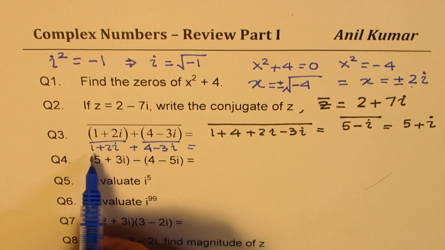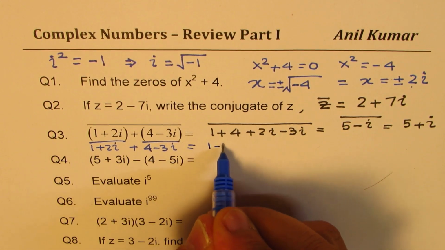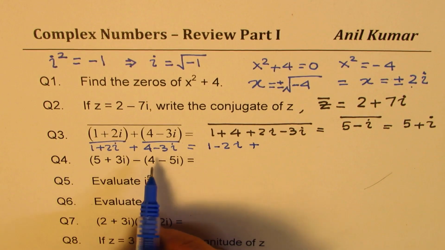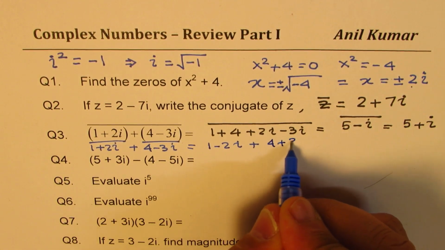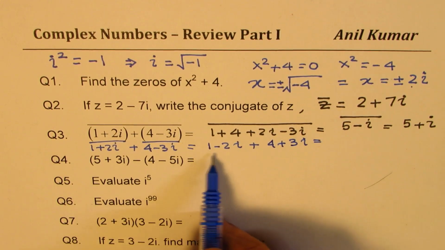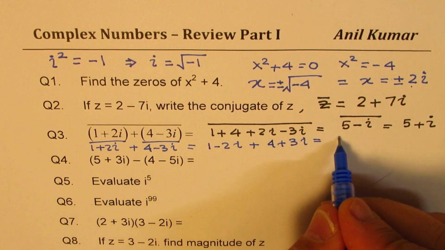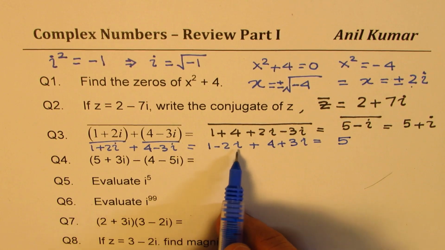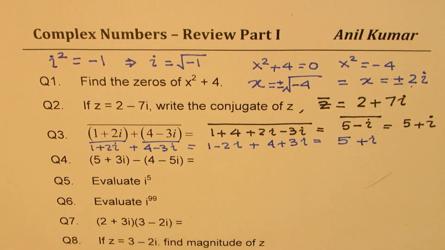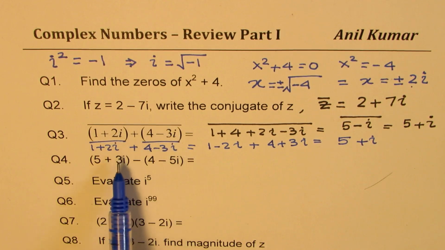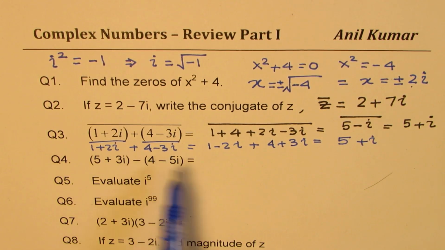So in this case, the conjugate of 1 plus 2i will be 1 minus 2i, and the conjugate of 4 minus 3i will be 4 plus 3i. Now when you add them, 1 plus 4 is 5, and minus 2i plus 3i is i. So you get the same result, right? So this is a very important rule, that the conjugate of a sum is the sum of conjugates, right? So either way you could find it.